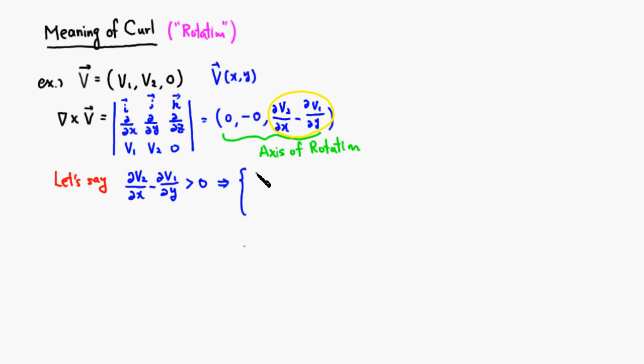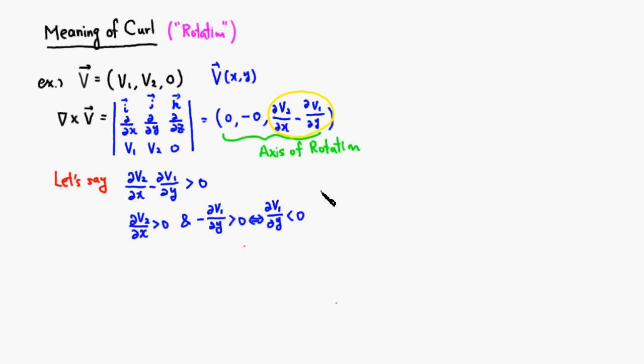Let's say this is the case, and that doesn't really imply it, but let's just say partial v2 with respect to x is positive, and negative partial of v1 with respect to y is positive. So I'm assuming quite a bit, but this just means that partial of v1 with respect to y would be negative.